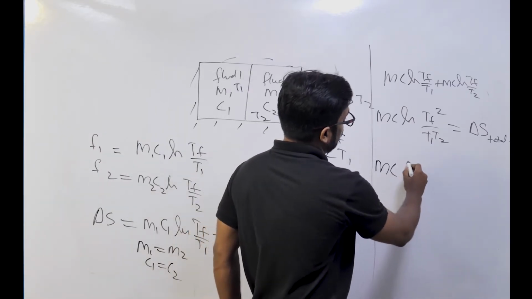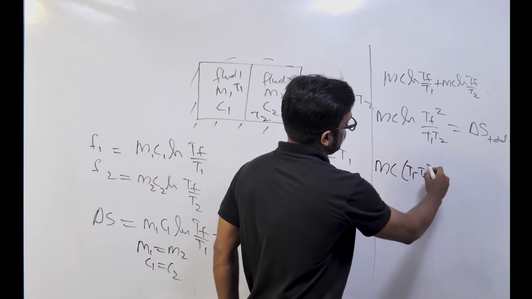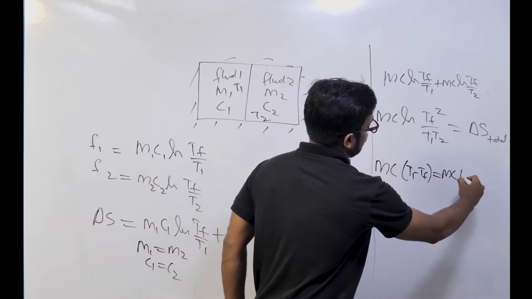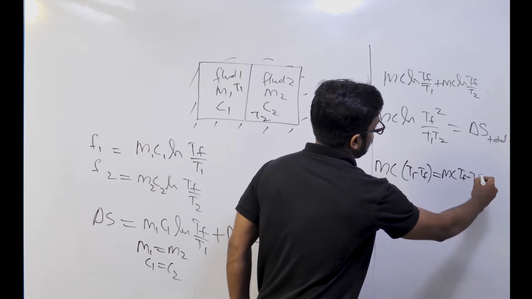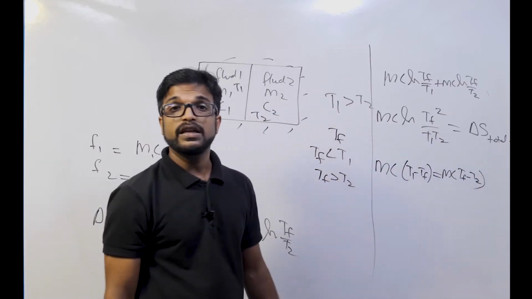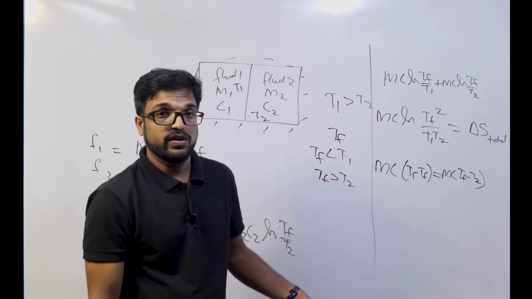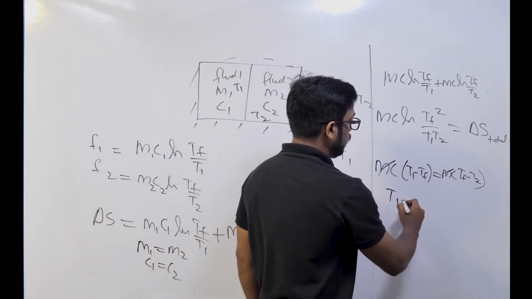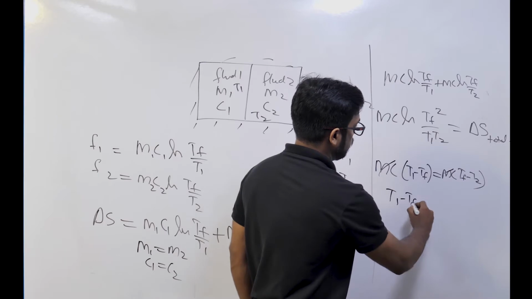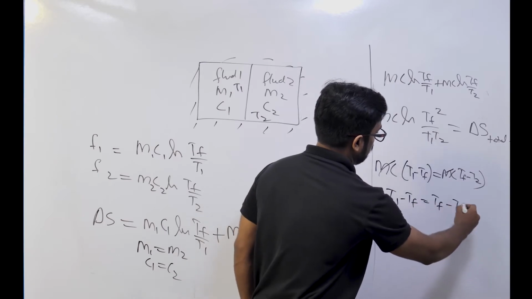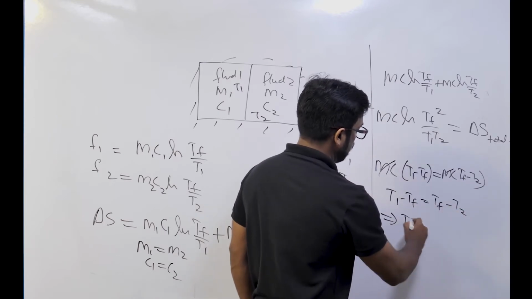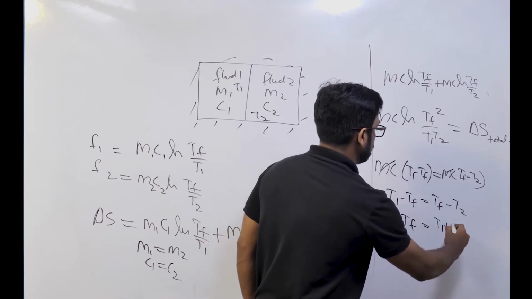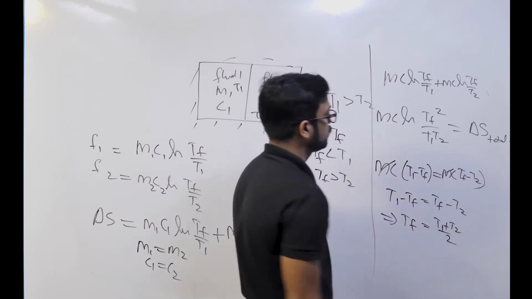So we can write mc (T1 minus Tf) is equal to mc (Tf minus T2). This is nothing but heat lost by one fluid equal to heat gained by the other. So mc cancels out, and we get T1 minus Tf equal to Tf minus T2. From here we get Tf equal to (T1 plus T2) by 2.